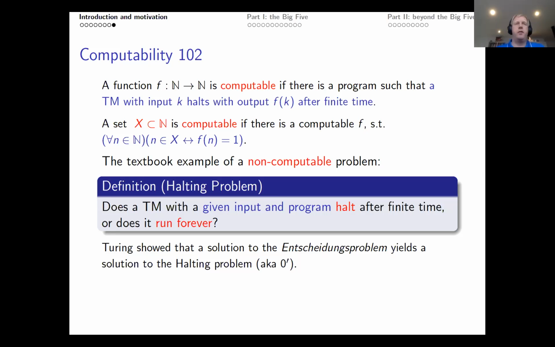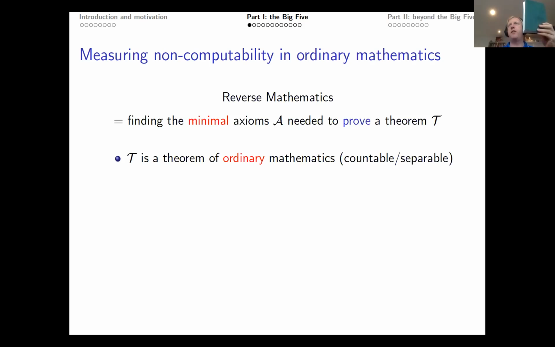So the main aim of reverse math is to find the minimal axioms A needed to prove a theorem T. And as I said, T should be a theorem of ordinary math. You should find it in an ordinary math textbook, and preferably about countable or separable things, because then we can approximate it via countable means.